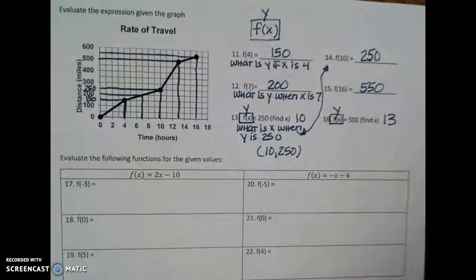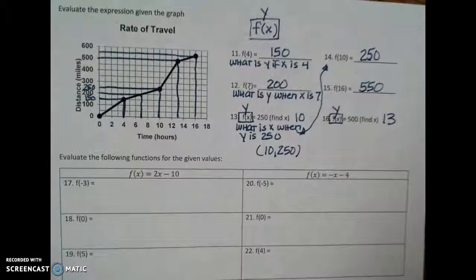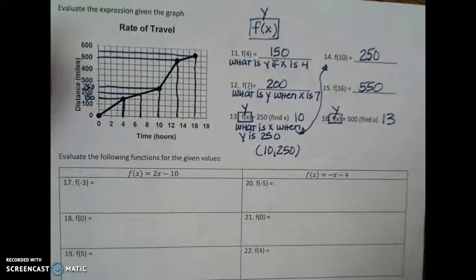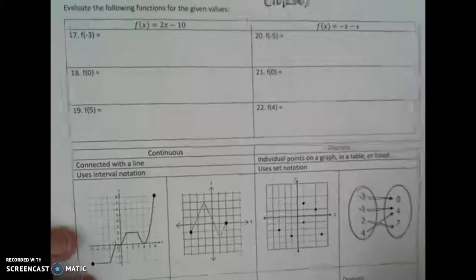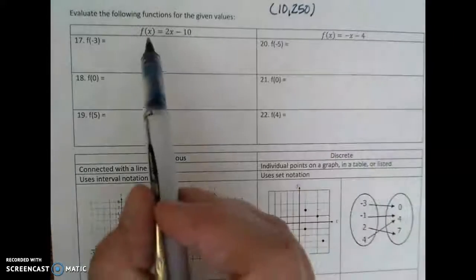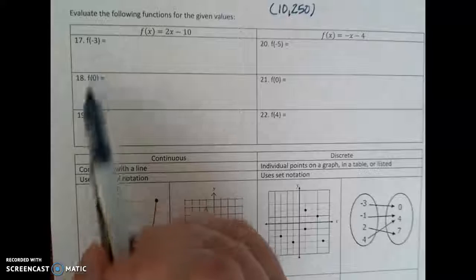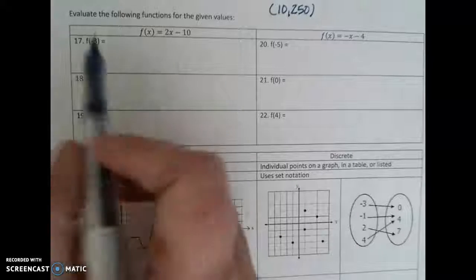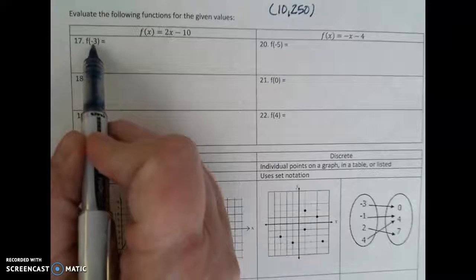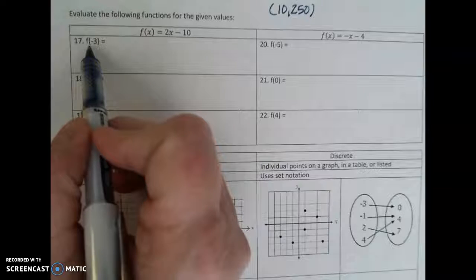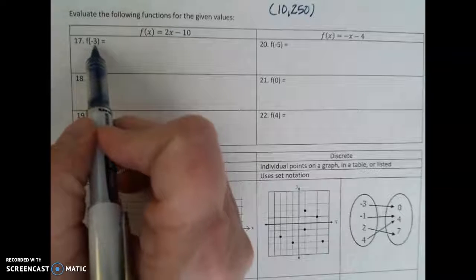So that's function notation. It's a quick way to evaluate. We can either evaluate by looking at the graph, or we can have these kinds of problems where you're given an equation and then asked for specific values. So this says f of negative 3. That means, what is y when x is negative 3?